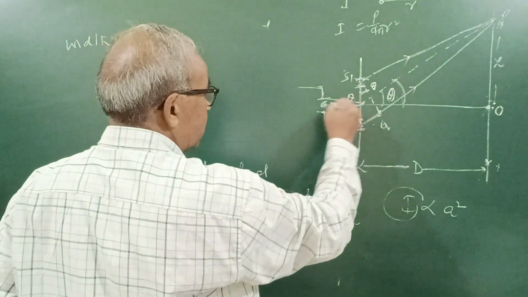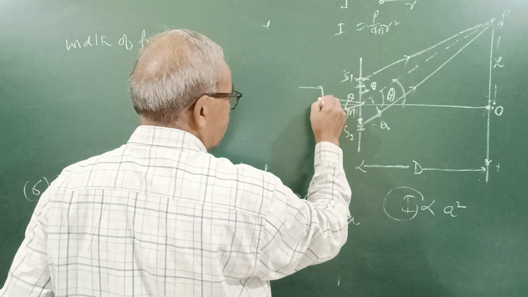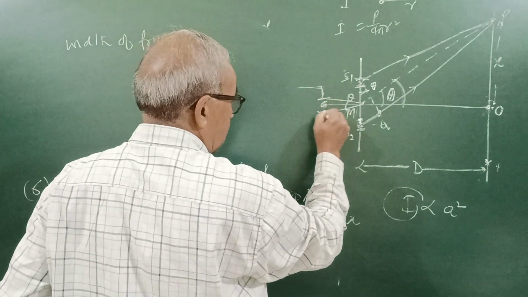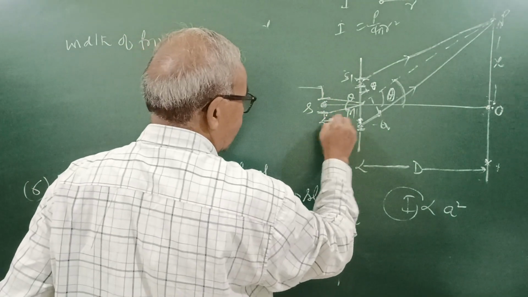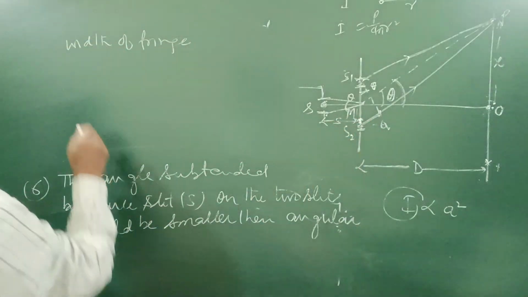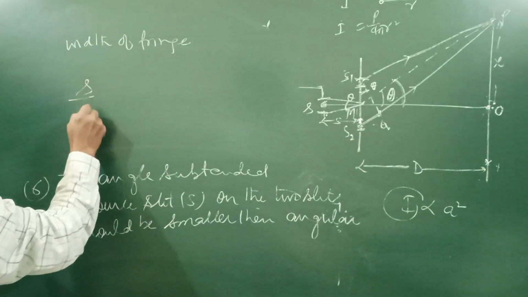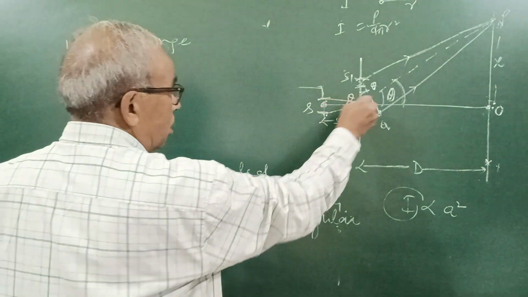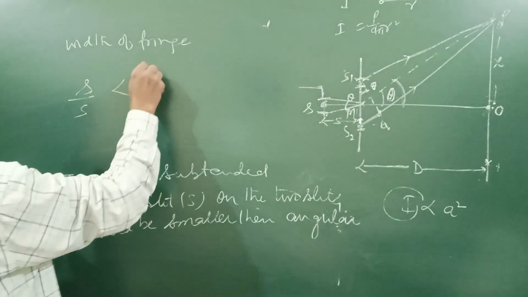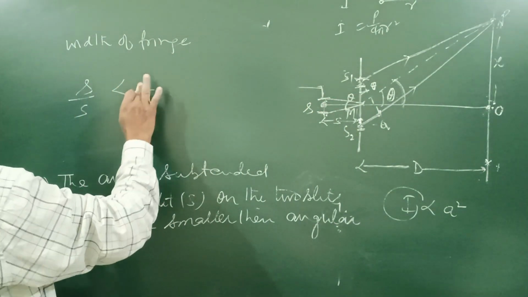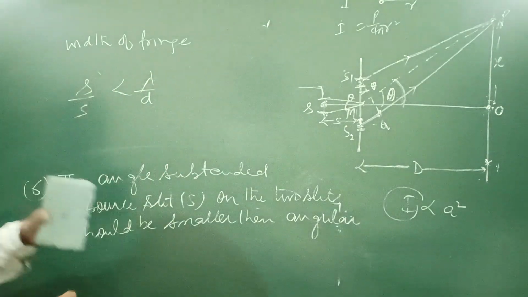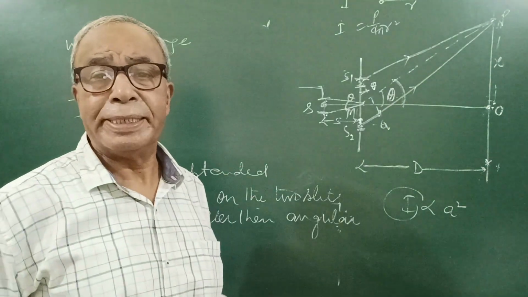If this angle is theta, and suppose I say the width is small s and this distance is capital S, then small s upon capital S will be the angle subtended here. It should be less than lambda by d. If this angle is more than this, fringes will disappear.